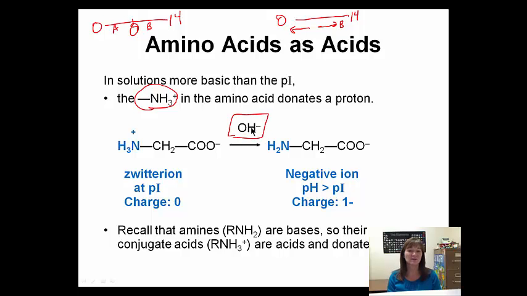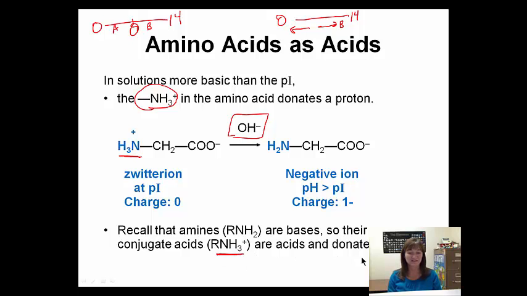So if you are putting a base into the solution, your Zwitterion, which part of this is going to react with the base? It is the NH3 positive group. And remember, it's going to lose an H+ to the base. So recall that amines are bases, so we learned that back in organic chemistry. So they're conjugate acids, and that is, you write the amine with an H+ on it.